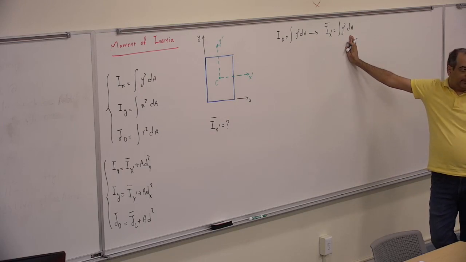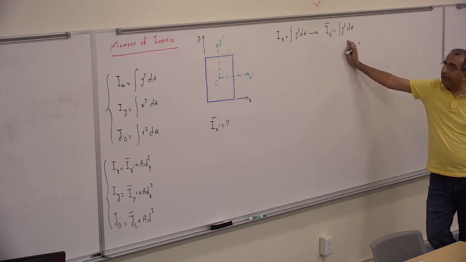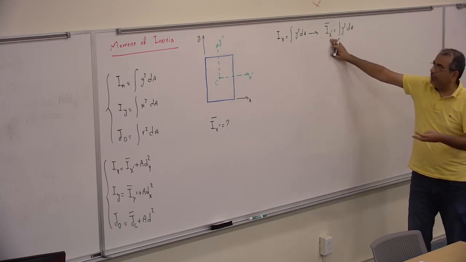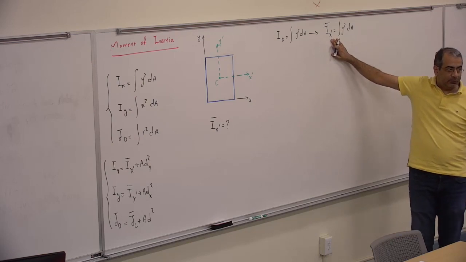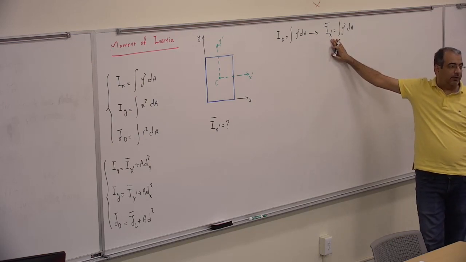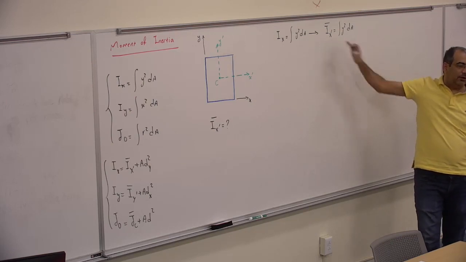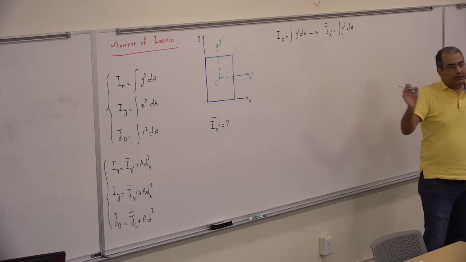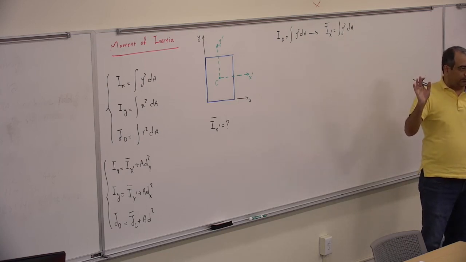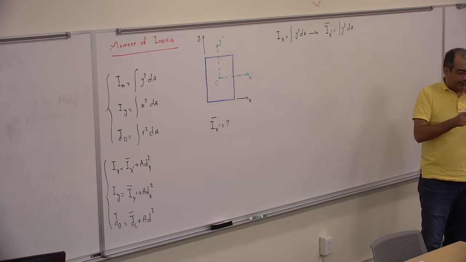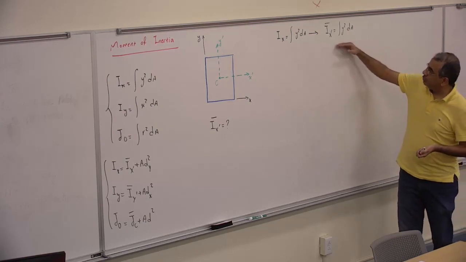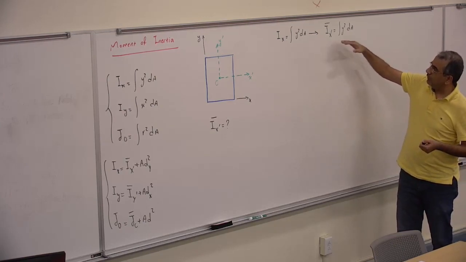So remember that I told you in here, if we want to find about the x or x prime, the dA should be parallel to that axis. Unlike the centroid, where we could take any dA and calculate both x and y for the centroid, here we cannot. Here we have to choose the element parallel to the x or x prime.